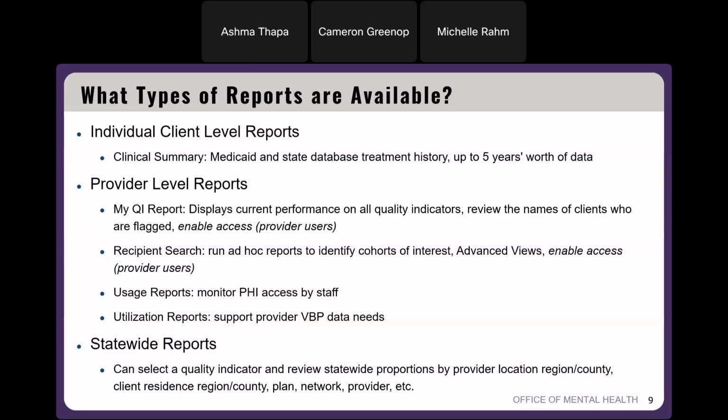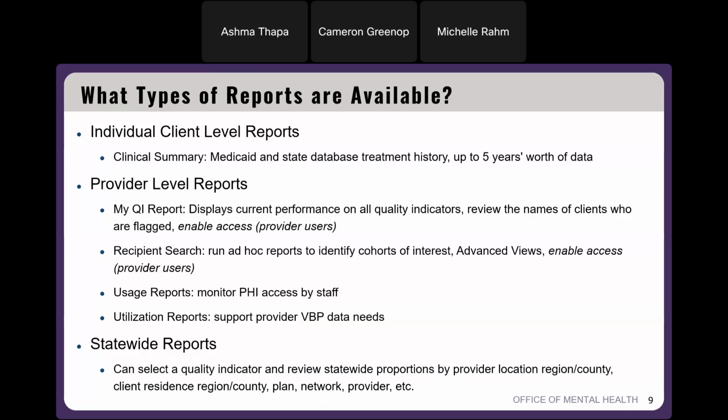We have the MyQI report, and that will display current performance on all quality indicators. So within these QI reports, you can review the name of the clients who are flagged. If you are a provider level user, you would need to enable access to get information for that specific recipient.